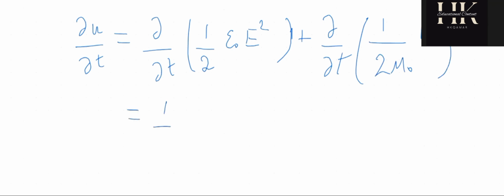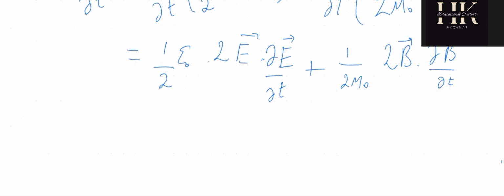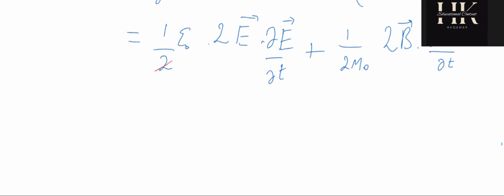Here 1 by 2 epsilon naught is a constant, so it will be written as it is. And the time derivative of E square, the power 2 will come at the start: 2E curly E by curly T. Plus, here 1 by 2 mu naught is a constant, so it will be written as it is, and the derivative of B square can be written as 2B dot curly B by curly T. Here this 2 and this 2 cancel, and on this side too, the 2 and 2 also cancel.